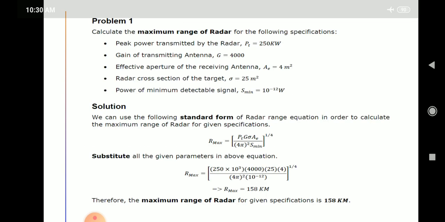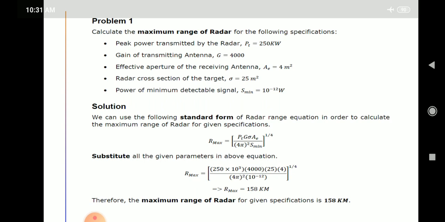Now this is the problem. Calculate the maximum range of the radar for the following specification: peak power transmitted by the radar PT is equal to 250 kilowatt, gain of the transmitting antenna G is equal to 4000, effective aperture of the receiving antenna A is equal to 4 meter square, radar cross section of the target sigma is equal to 25 meter square, and power of the minimum detectable signal S minimum is equal to 10 to the minus 12 watt.